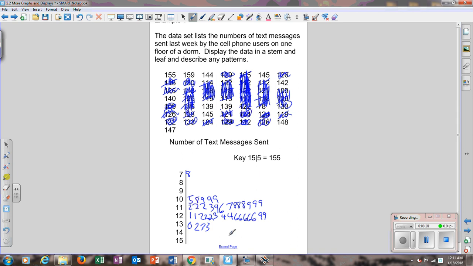There's one right there. 4. 135. None of those. 136. None of those. I see two 139s. 99. Now we can move up to 140. One of those. See a 142.